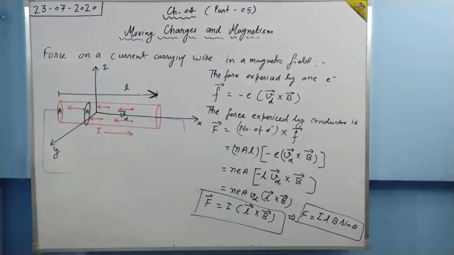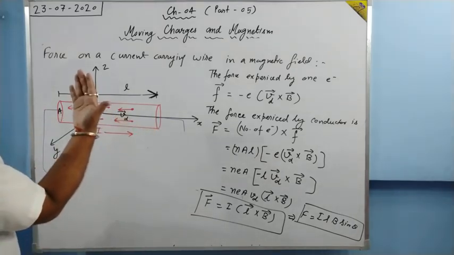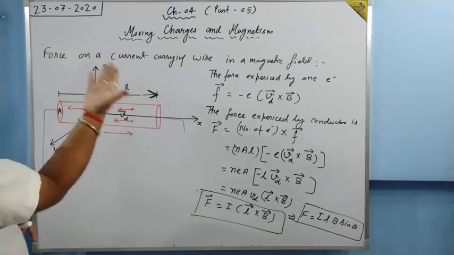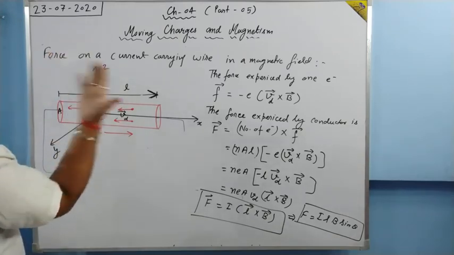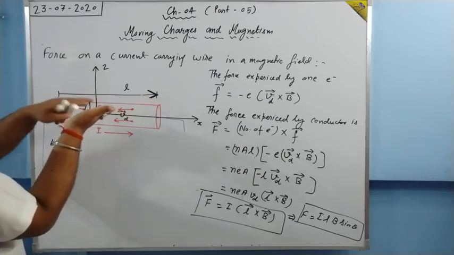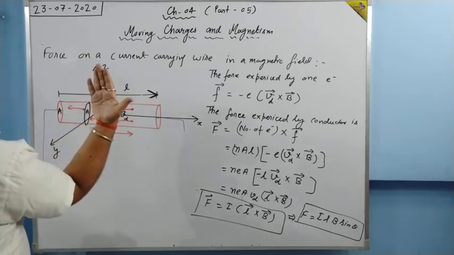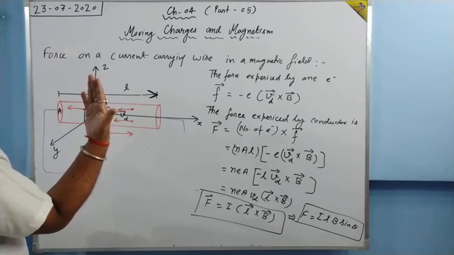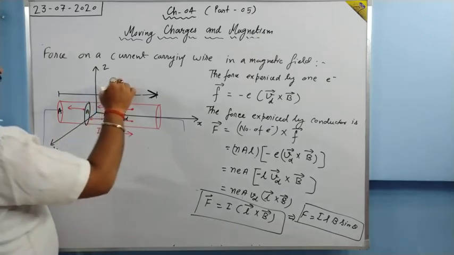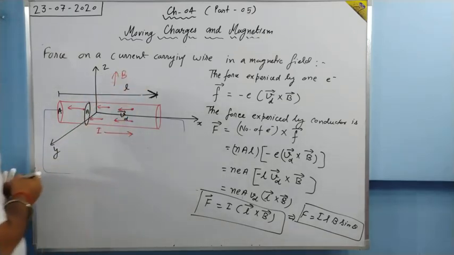One more simpler rule is there. Thumb towards the current, all the fingers towards the magnetic field, and the palm faces perpendicular outward. So this will be the direction of force. Once again, thumb in the direction of current, all fingers towards the magnetic field. Suppose the magnetic field is taken in this direction, towards Z. Is it clear?